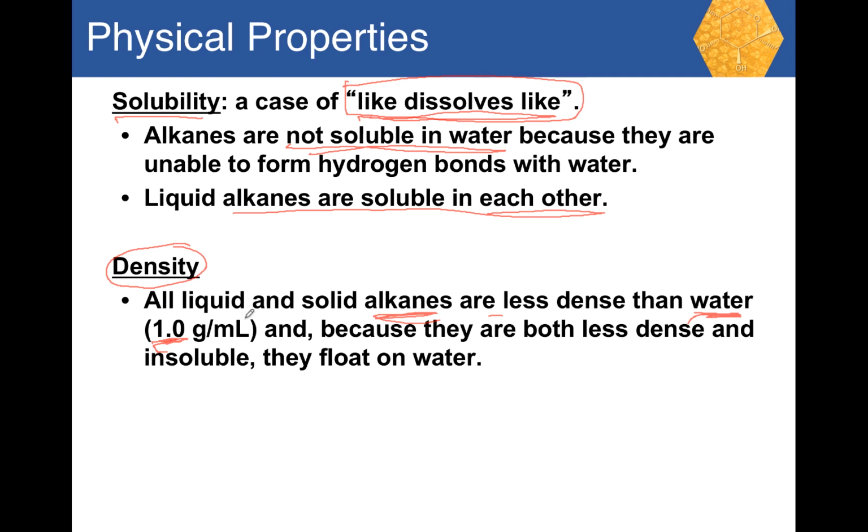So as you will recall, if you mix two liquids of different densities, the less dense would be on top, and the more dense, the heavier one, would be at the bottom. So if we mix a hydrocarbon and water, the hydrocarbon would be on top. That is why when you mix oil and water, the oil is on top, and the water is on bottom, because water is more dense than hydrocarbons.